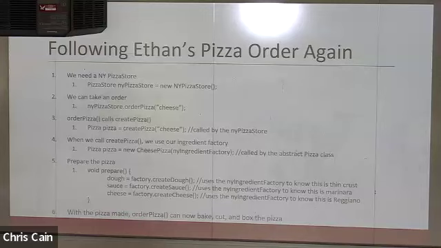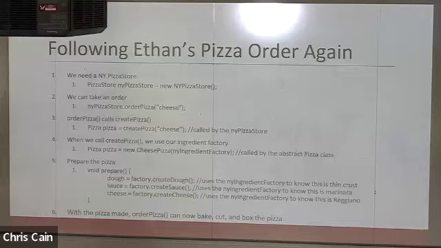Now that the pizza has been made, we go back to the order pizza scope, and the order pizza scope knows how to bake, cut, and box the pizzas, and that's the same for all pizzas. It doesn't matter what the region of the pizza is. It doesn't matter what the ingredient factory was. All pizzas are baked, cut, and boxed the same way. Unless that cut is overridden, like it was in the Chicago.